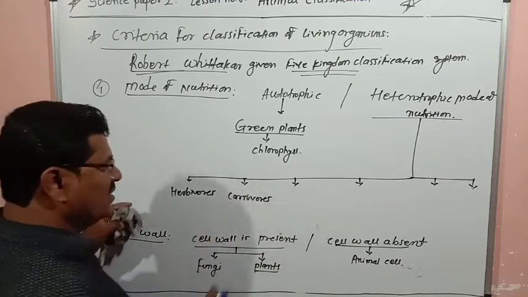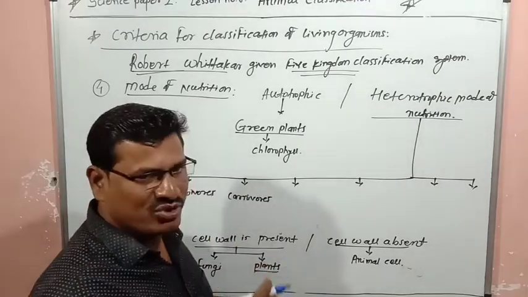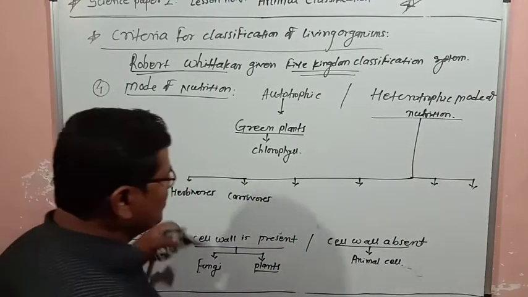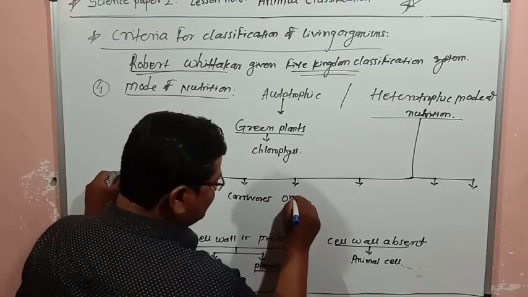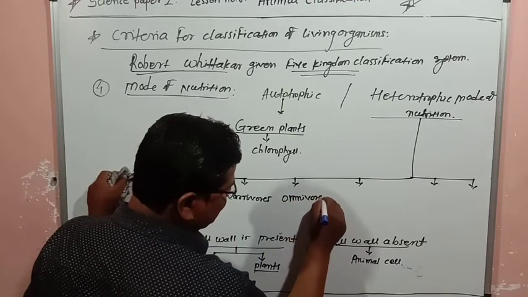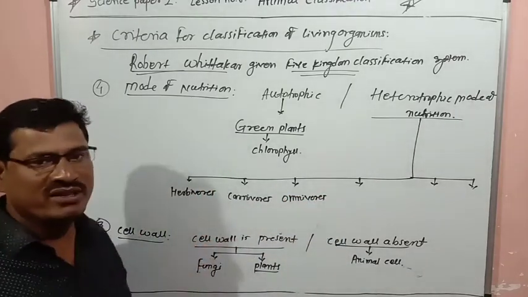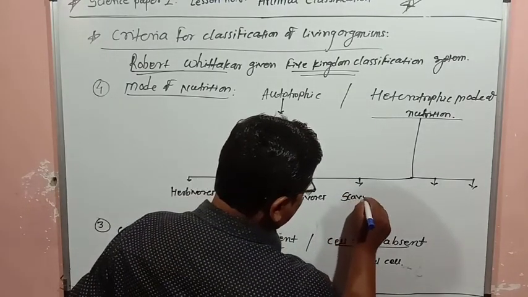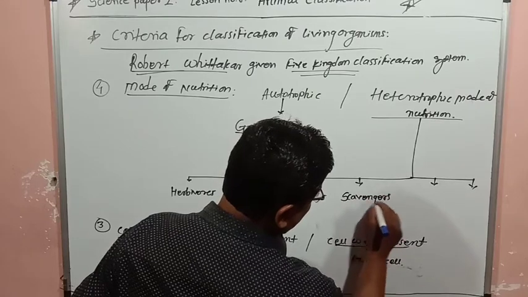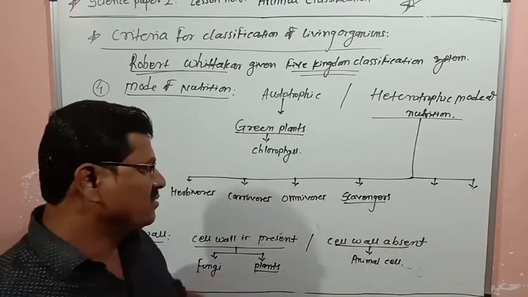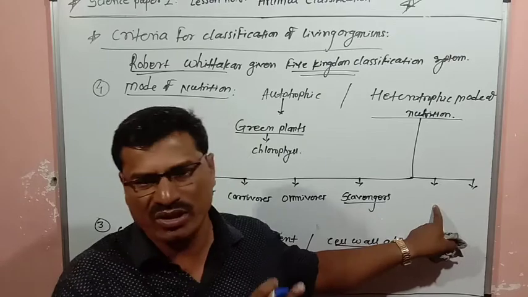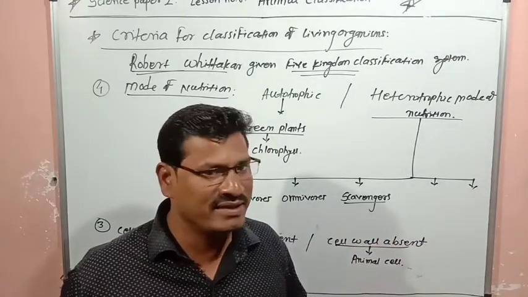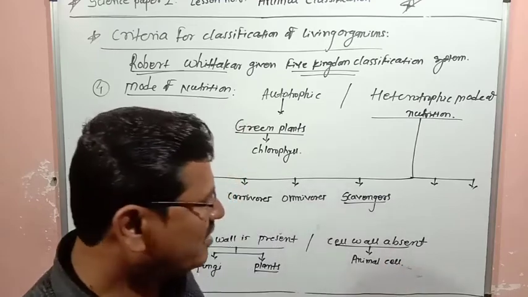Again one more mode of nutrition is there: omnivores. After that, scavengers are there. Again the next mode of nutrition is insectivores. Insectivorous plants are there, and saprotrophs.